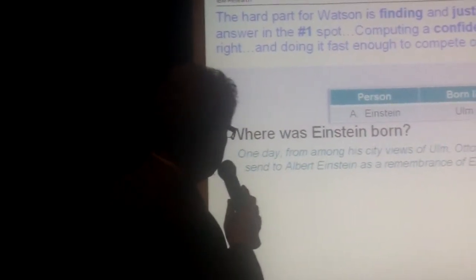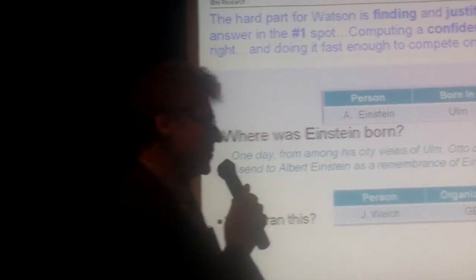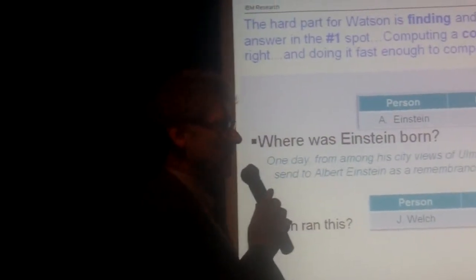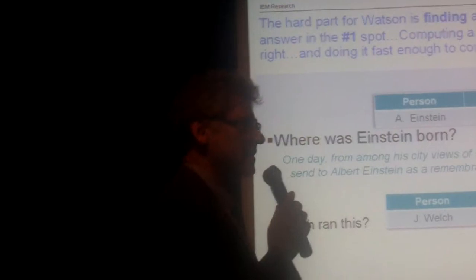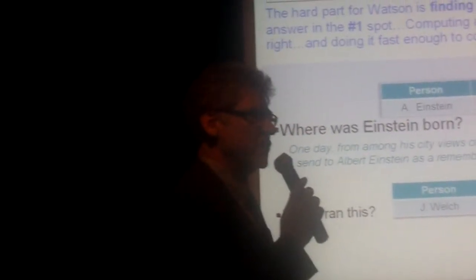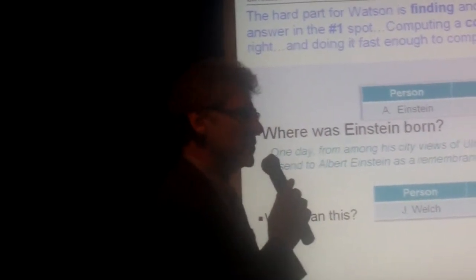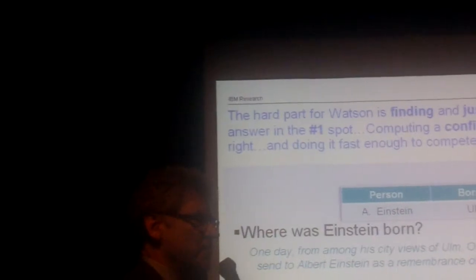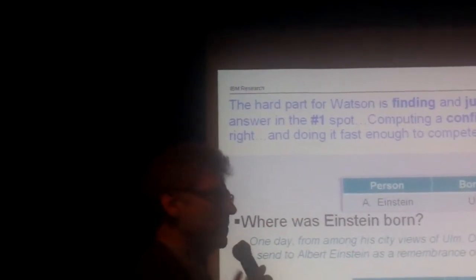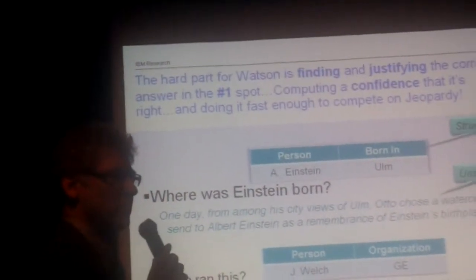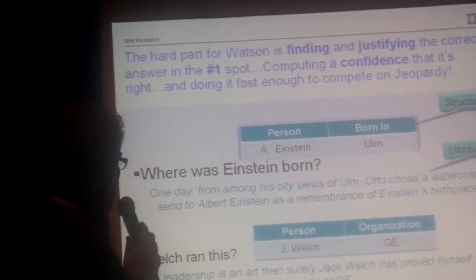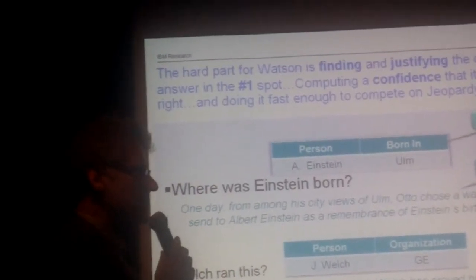A similar example comes with this. What did Jack Welch run? You can imagine a database with people and the organizations that they run. Again, if that's what you've got, you look it up, you get GE. But if you find this passage, and in both these cases, these are actual passages that we have found in the corpora that Watson has at his disposal, it's not so easy.